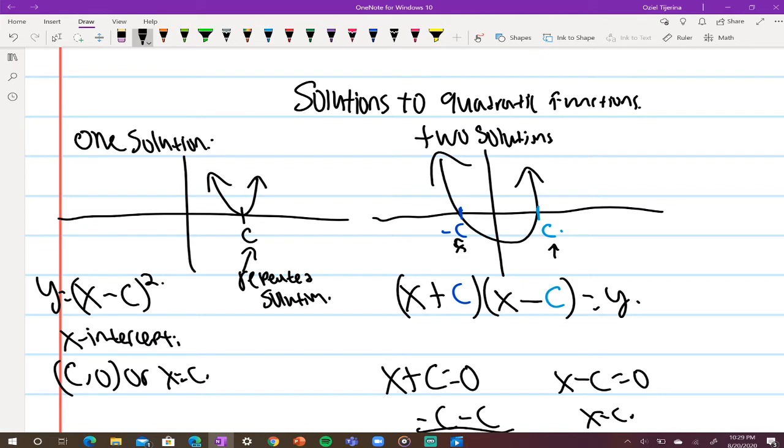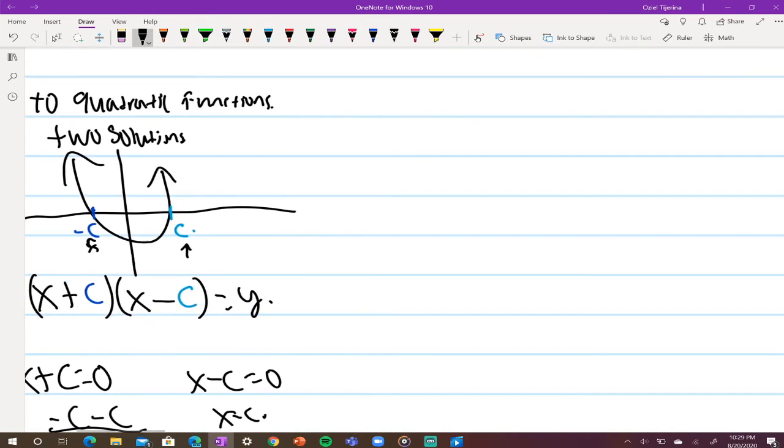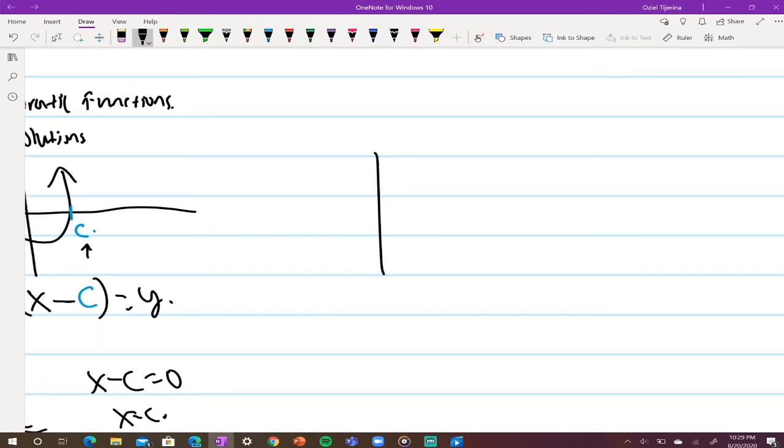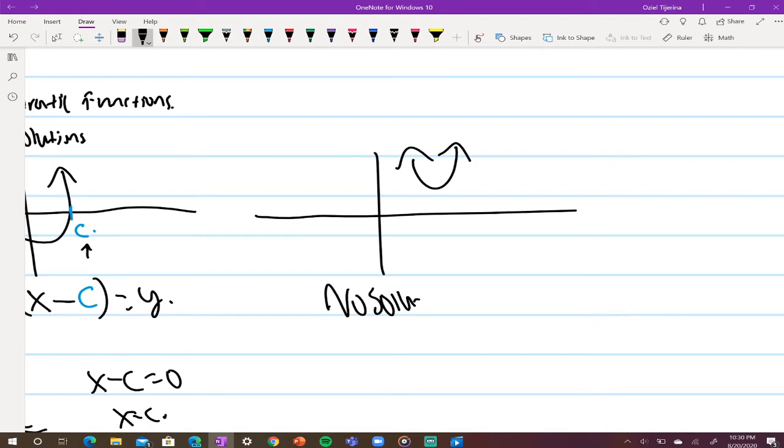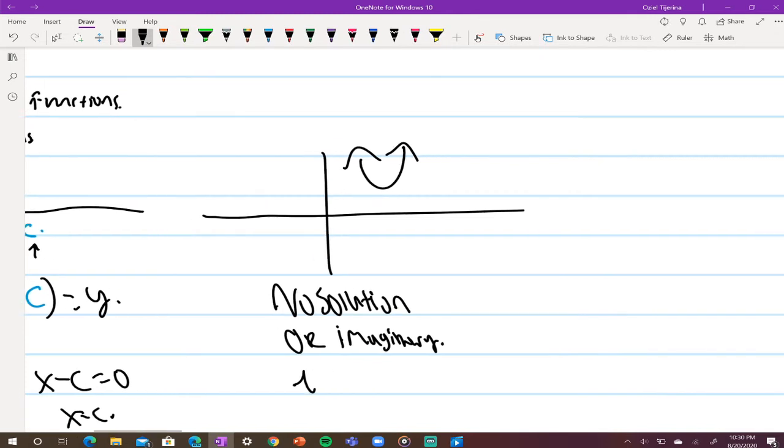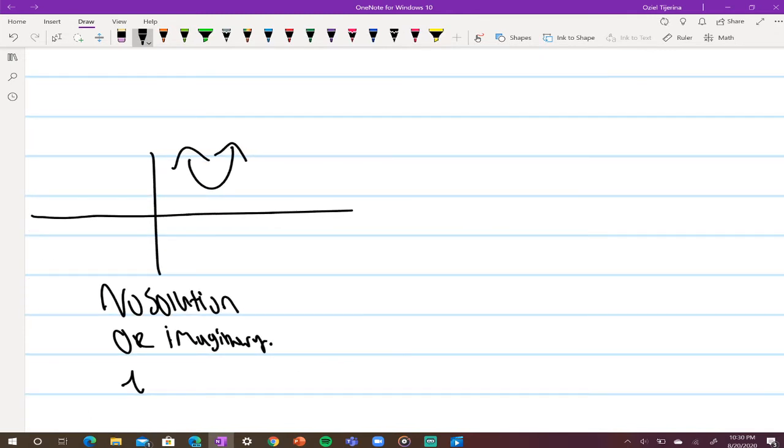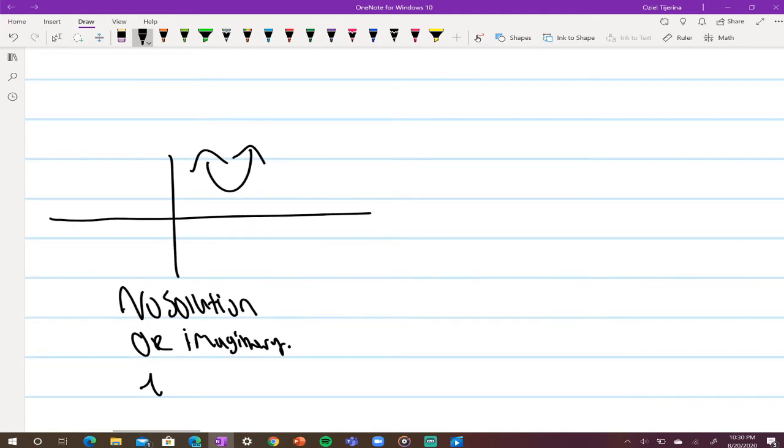And then for no solutions, sometimes if they ask you for all real solutions, you get something like this, and this is no solution, or it's imaginary. I'll teach more about imaginary solutions later on. I first want to go over the basic kind first.